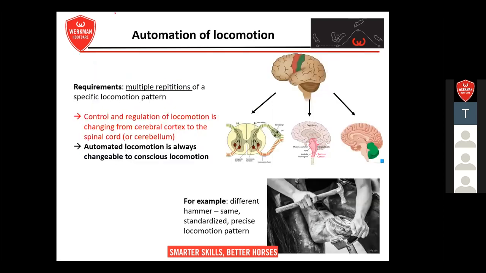And this is because locomotion is kind of automatized. After, as stated in the literature, 10,000 repetitions, we have motor learning.